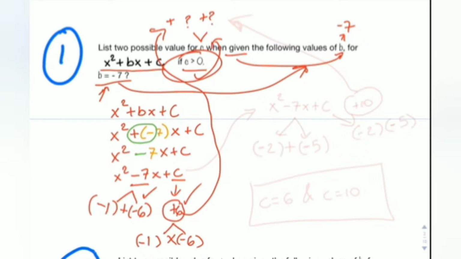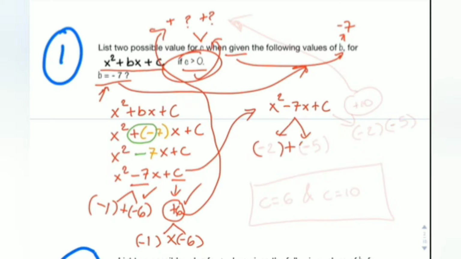Now let's do the same thing. Let's find another value for C. So we're gonna jump over here to this step because it's the same expression. And we must find two numbers, the same thing, that when you add them will equal negative 7.